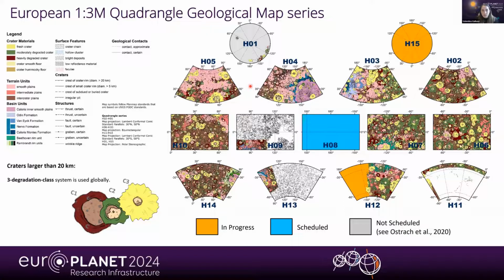One of the latest quadrangles published is H14, and then we have published recently, I think it's online since yesterday, the H06 Kuiper quadrangle. So you can find this quadrangle online now. Basically, when we do the mapping of Mercury, we mainly rely on a morphostratigraphic method.